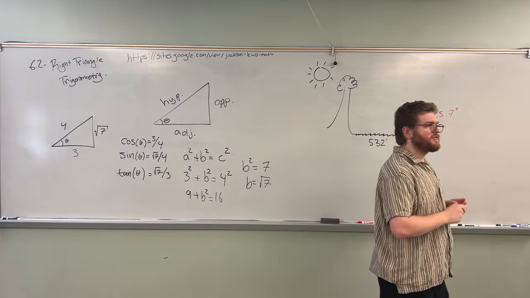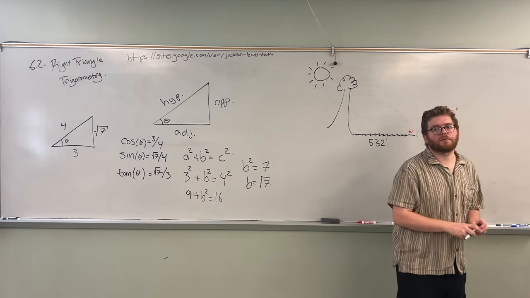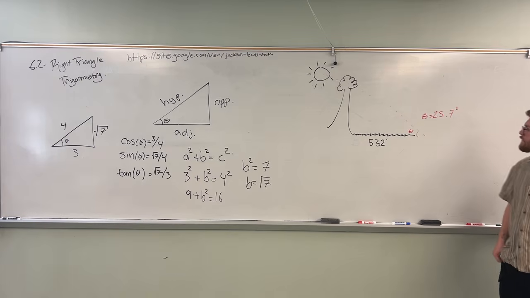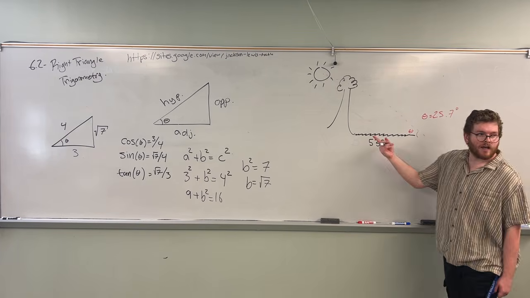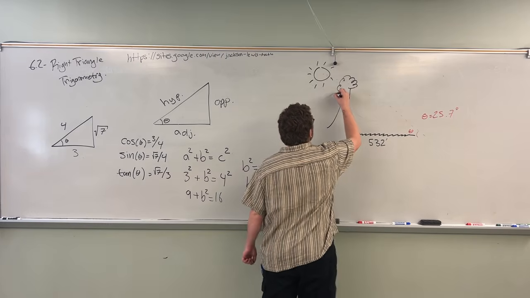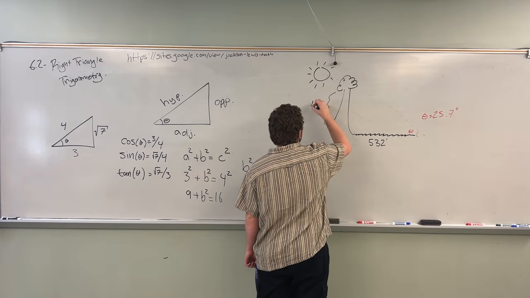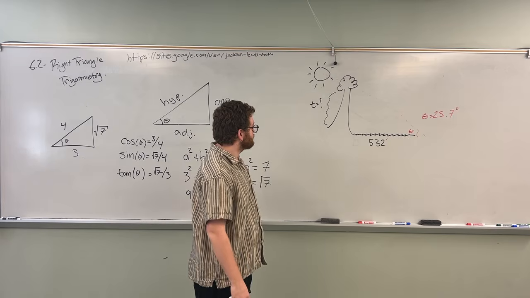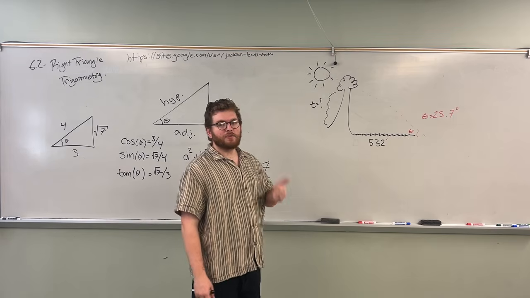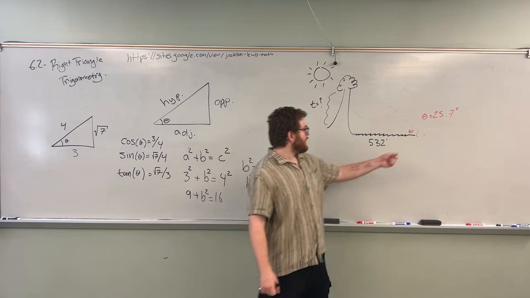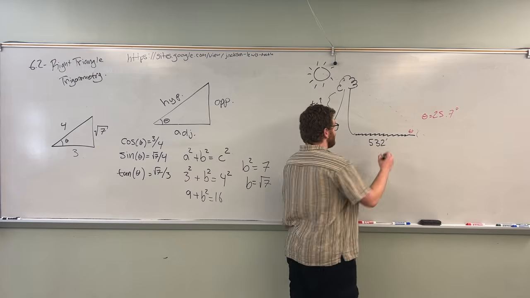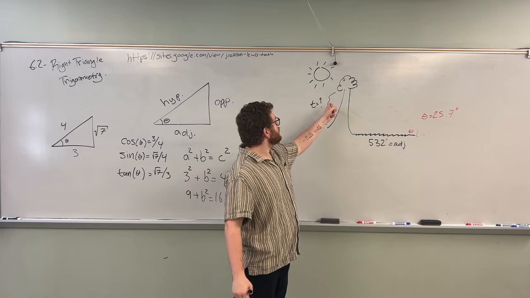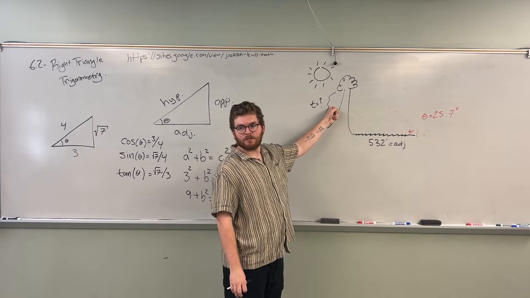We'll do these examples starting in degrees first so that y'all are a little more comfortable with the measurements and everything. We'll eventually move to doing everything in radians though. Cool. So the question is, how tall is the tree? I'll just let that be T for the height of the tree. Well, what information do we have? We have theta, and we have the adjacent side, and I want the opposite side.